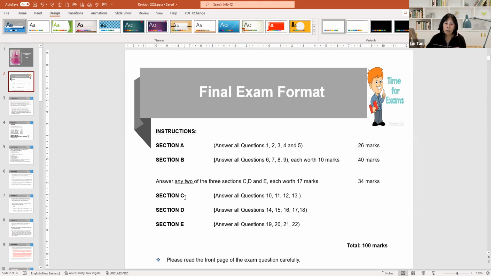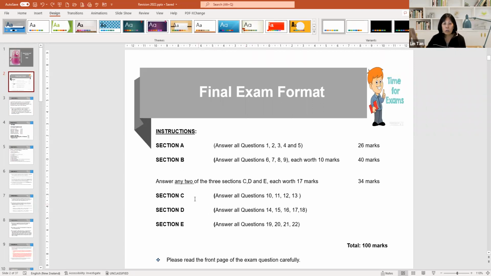Once you pick a section, make sure you answer all the questions within that particular section. If you pick E, make sure you answer all 4 questions within section E. As I say, you only have to answer 2 of the 3.